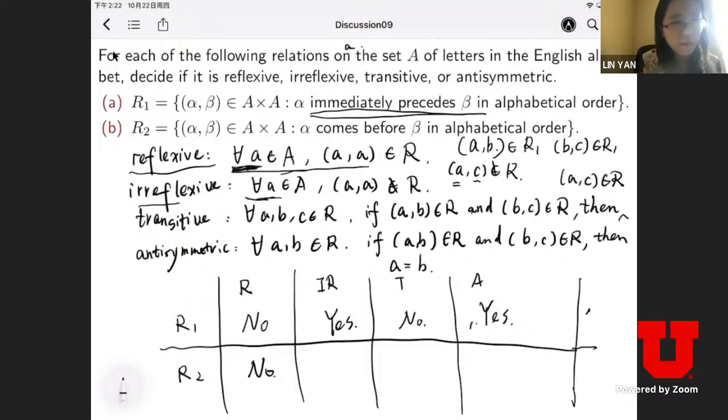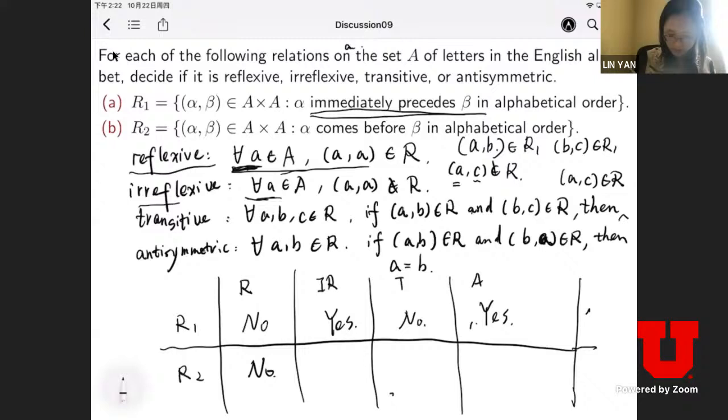Okay, there's another problem from Elizabeth. RAB in R. If AB is in R, then A. Oh yes, you're right. I'm sorry, there's a typo here. Thank you. So let's go to R2. We have reflexive, and most say no. Okay, thank you, Elizabeth.